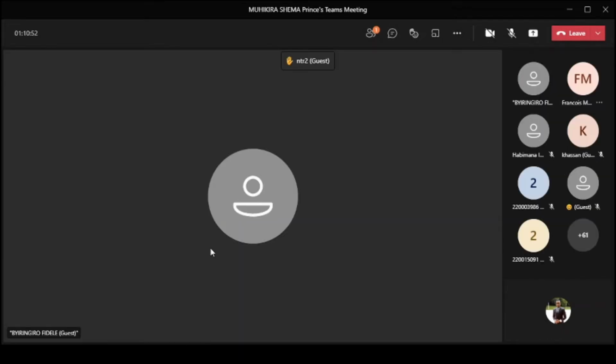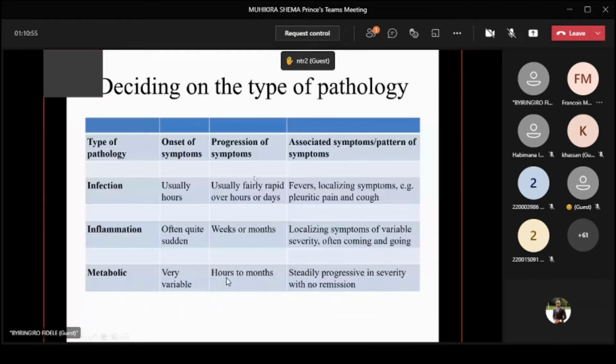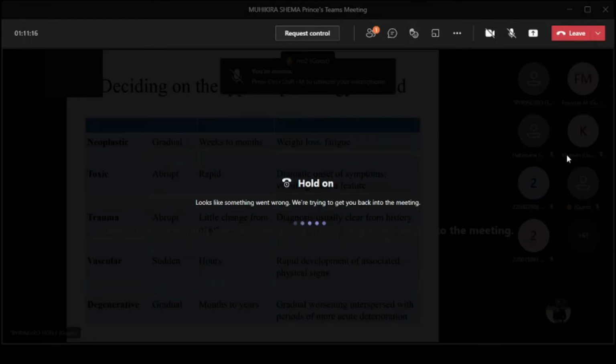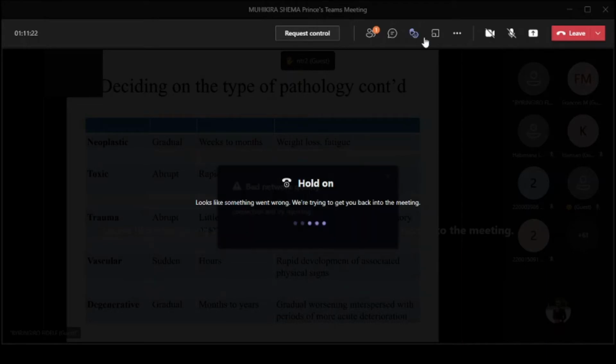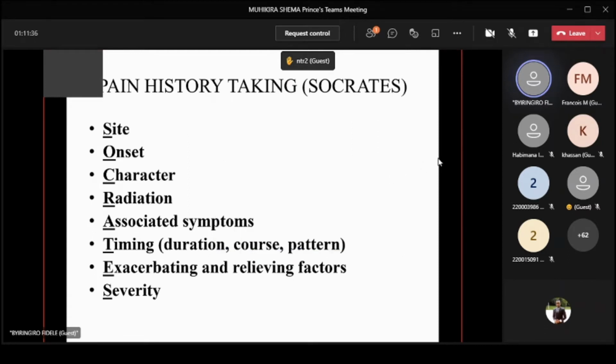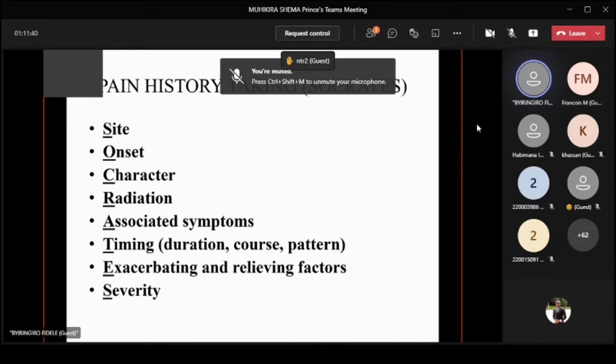And the progress, which can take hours, weeks, or years, and associated symptoms, such as fevers, symptoms of severity, and steadily progressive or remission. Use SOCRATES: site, onset, character, radiation, associated symptoms, timing, exacerbating and relieving factors, and severity.